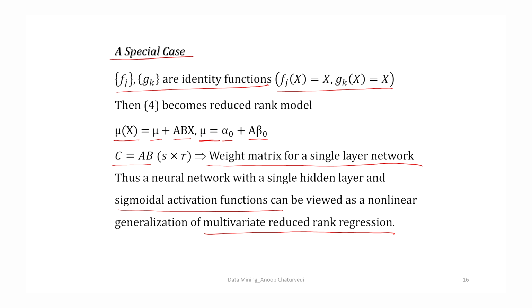In fact, notice that when you are taking the identity function, then mu of x reduces to mu plus AB x, and then if you write C equal to AB, then this is actually a linear reduced rank regression problem, which we have also considered in principal component analysis.